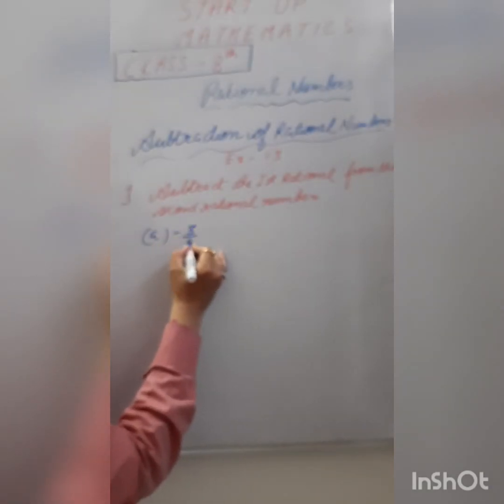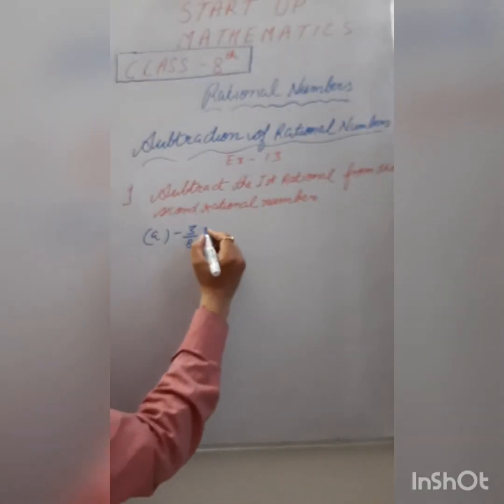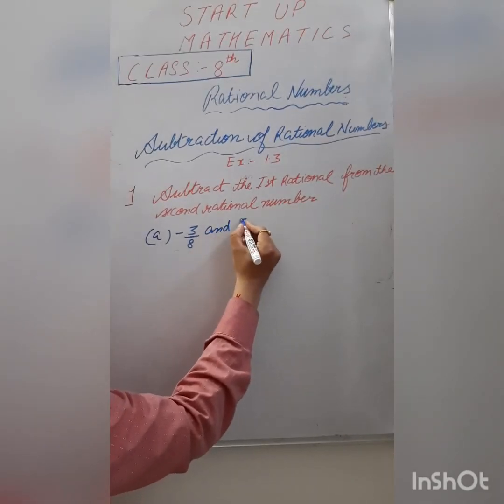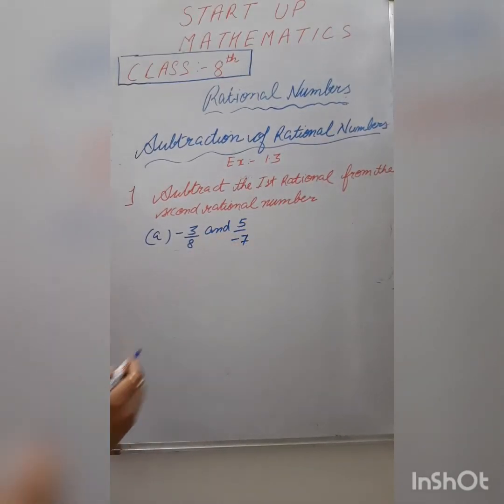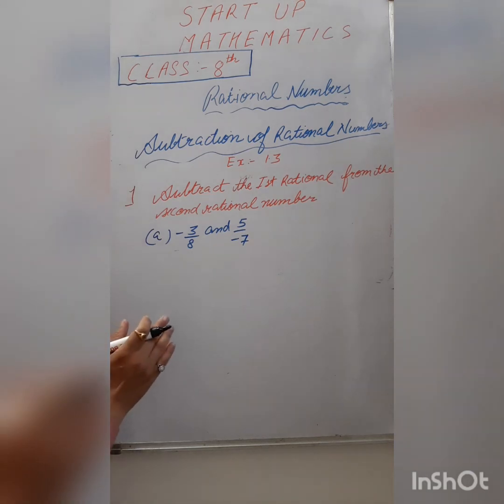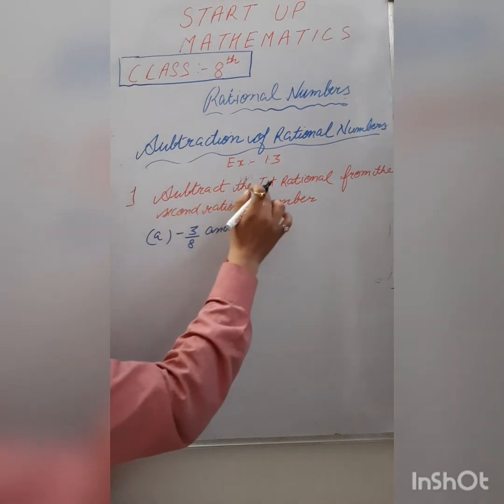first is minus 3 upon 8 and 5 upon minus 7. Right. So you have to subtract the first rational number from the second.